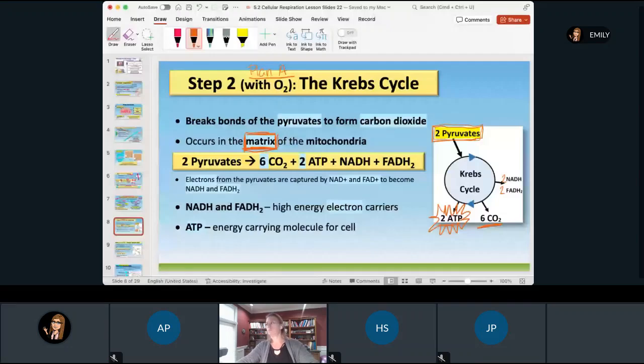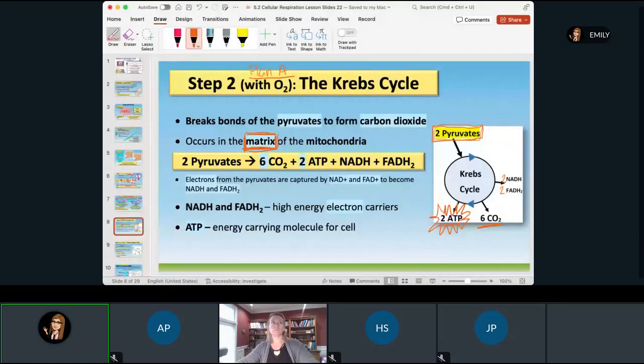Now, Mrs. Stauffer, what the heck is a FADH2? I've never heard of that. That's okay. FADH2 is just like NADH, okay? They are high energy electron carriers. The main difference is that FADH2 is able to carry 2 hydrogens, okay?